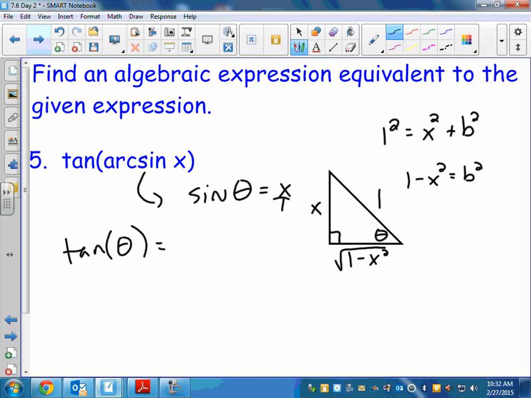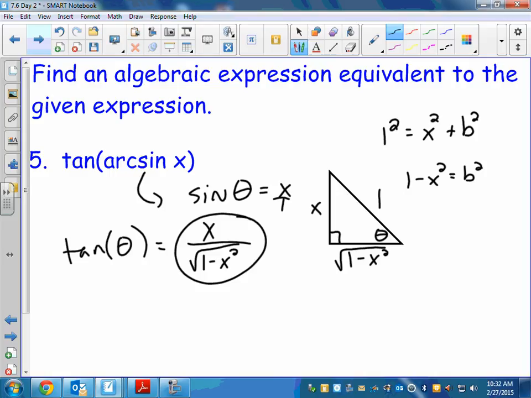Using our triangle, can you tell me what the ratio for tangent of that angle would be? Tangent is opposite over adjacent, x over the square root of 1 minus x squared. And you can just leave it like that. So find an algebraic expression means rewrite it without trig, right? Like you're going to rewrite it using x.